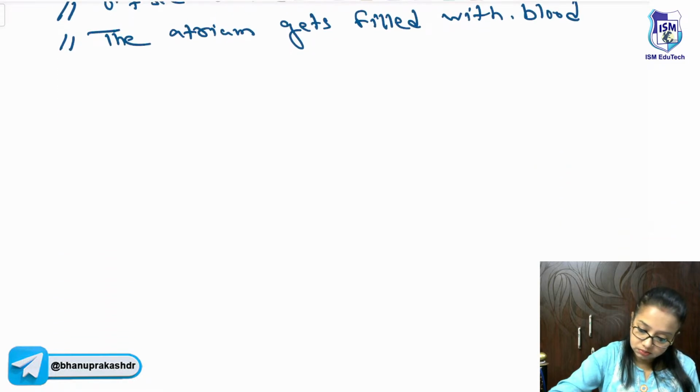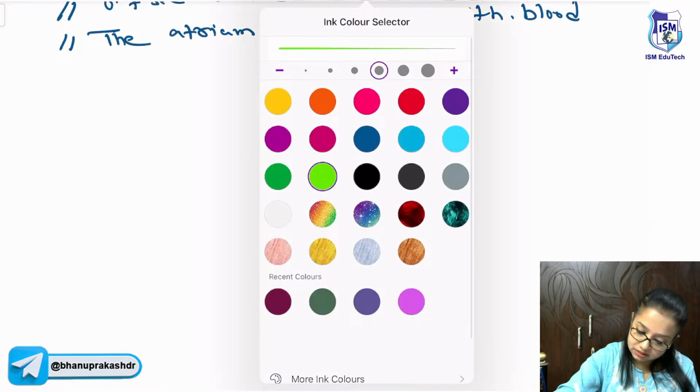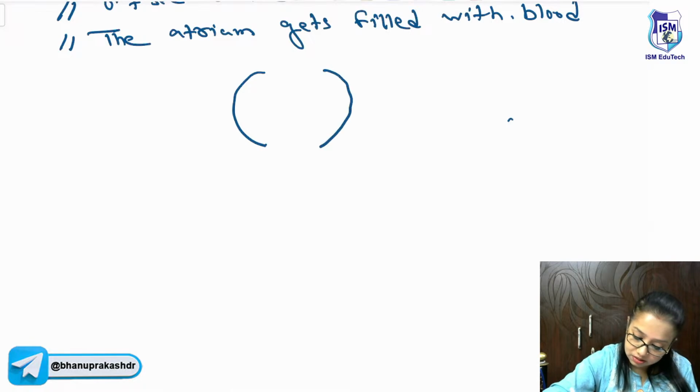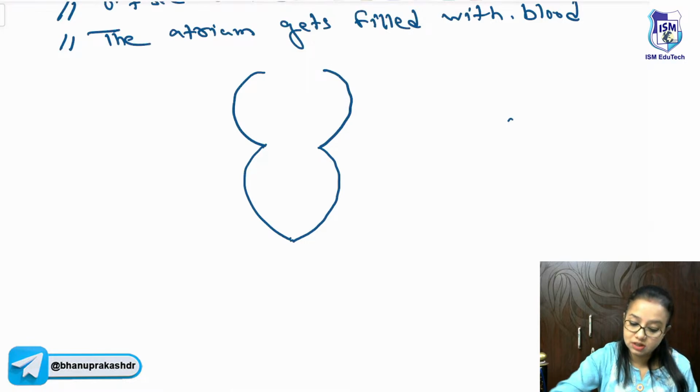So if we draw it, how will it stand out to be? It will be like this is the atrium, okay, and this is the ventricle, emphasizing more on the atrium.